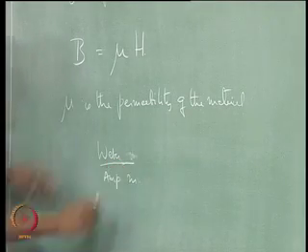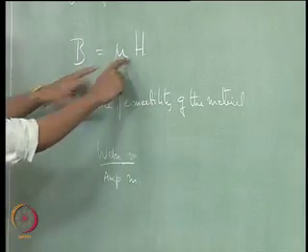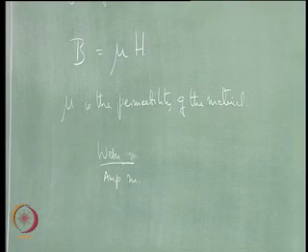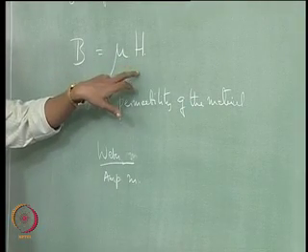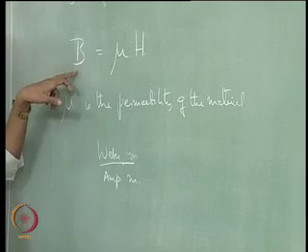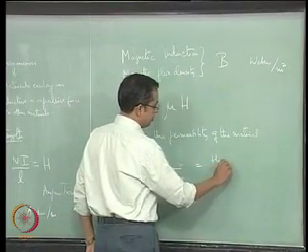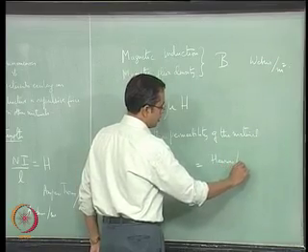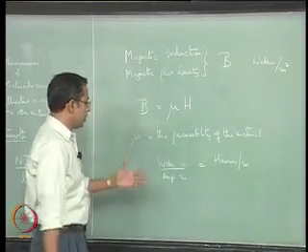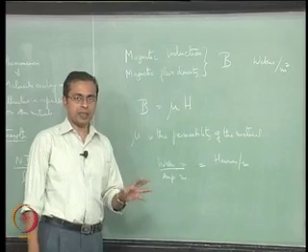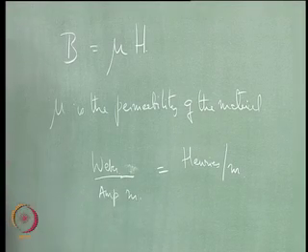So if you substitute Webers per ampere meter times amperes per meter, you will get Webers per meter square. Okay, so this is also given as Henries per meter. So the units that are used in magnetism can create some confusion, but you just have to follow them as they are.